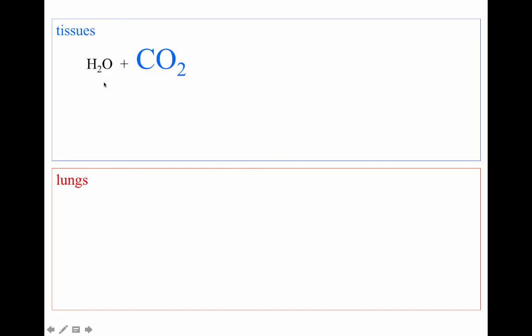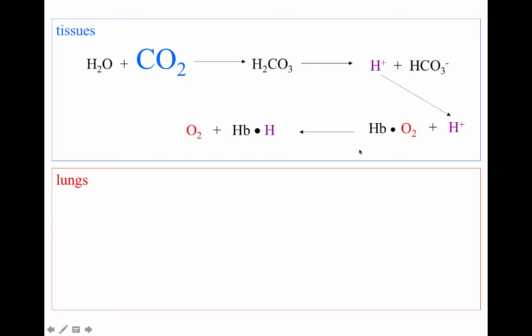So in the tissues, we have water plus carbon dioxide that goes to carbonic acid that then dissociates to hydrogen and bicarbonate, that then pushes off these hydrogen protons that will help displace oxygen from hemoglobin, that will then allow oxygen to go into the tissues of cells, and this is all happening in the capillary bed.